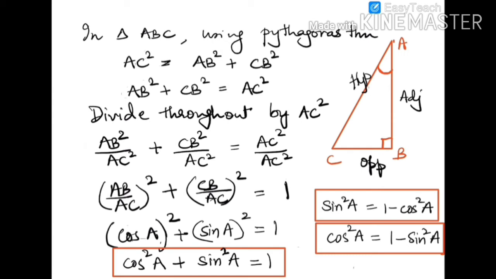So you must learn all three of them by heart. Or even if you remember cos square A plus sin square A is equal to 1, that will be enough because the other two results are obtained by rearranging it.